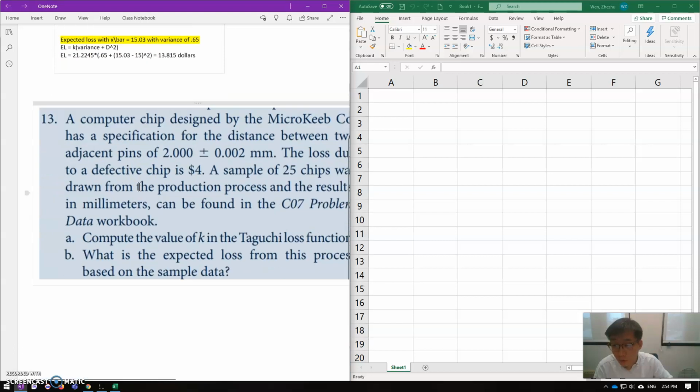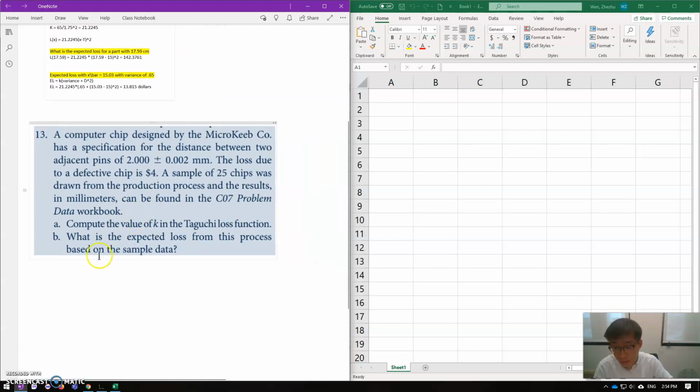Let's move on to take a look at problem number 13 real quick. The computer chip designed by Kikuchi has a specification for the distance between two adjacent pins of 2 mm plus minus 0.002 mm. The loss due to a defective chip is $4. A sample of 25 chips was drawn from the production process, and the results in millimeters can be found in the data.